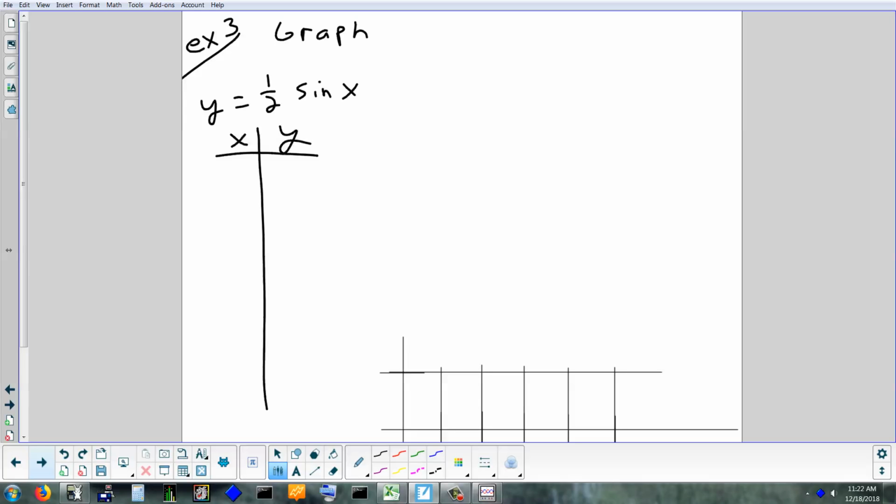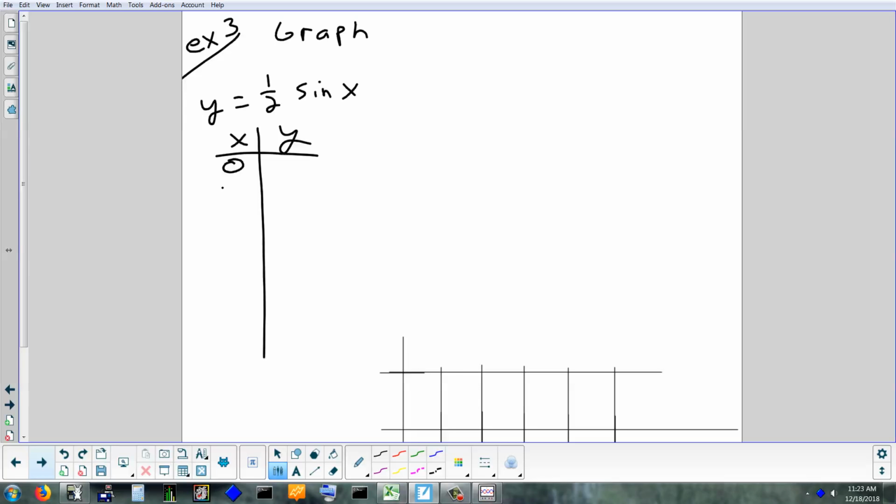All right. So how about, Morgan, what values stay the same? 0. And which column is that? The x's. Can you tell me what they are? Do you remember?